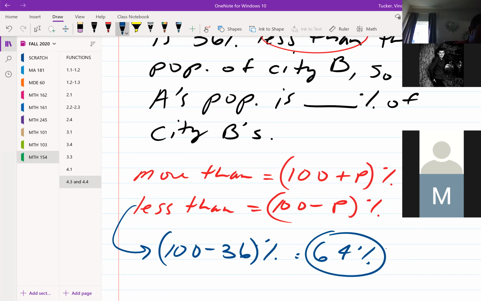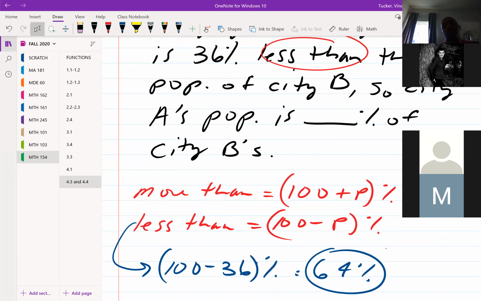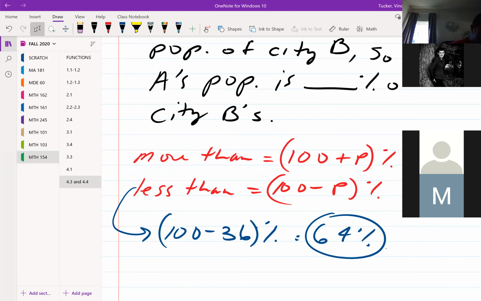And that's it. So it said the population of city A is 36% less than the population of city B. So city A's population is 64% of city B's.